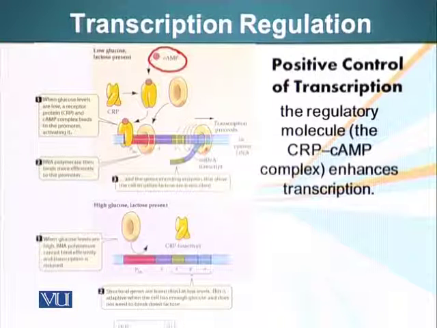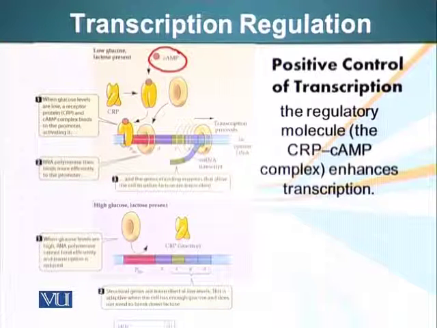Cyclic AMP, or cAMP, is a compound derived from adenosine monophosphate. This compound plays a similar role in humans also. When we are hungry, when this compound is produced, we feel hunger and desire to eat. It has similar function in bacteria.